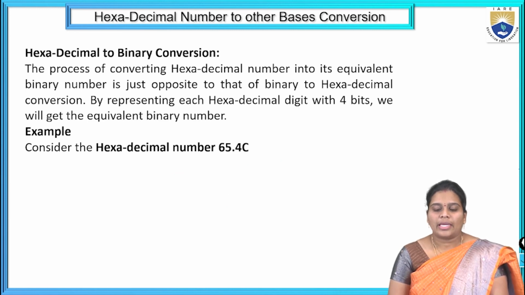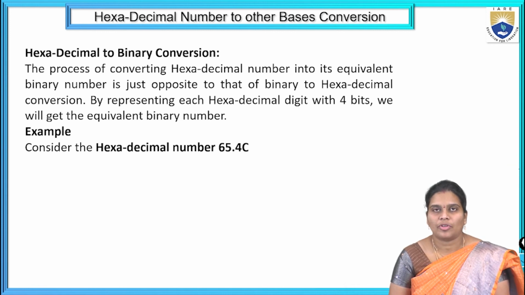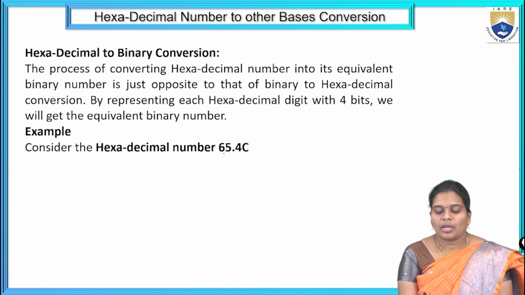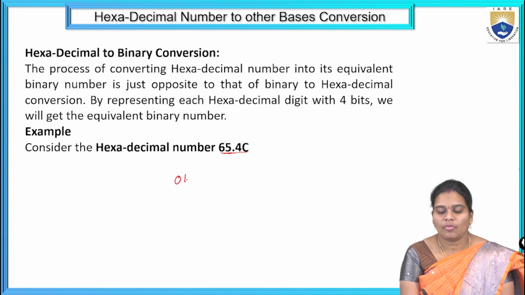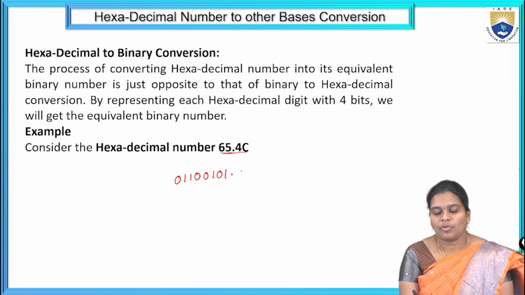Next one is hexadecimal to binary conversion. In this hexadecimal number, the base value is 16, so the number of bits is 4. Using 4 bits, we write the equivalent binary values. For 6, 0110. For 5, 0101. For 4, 0100.